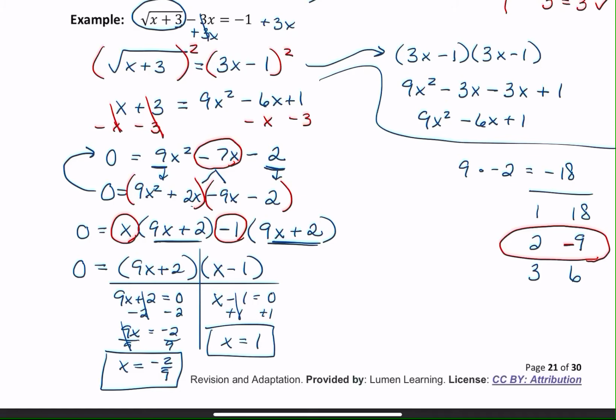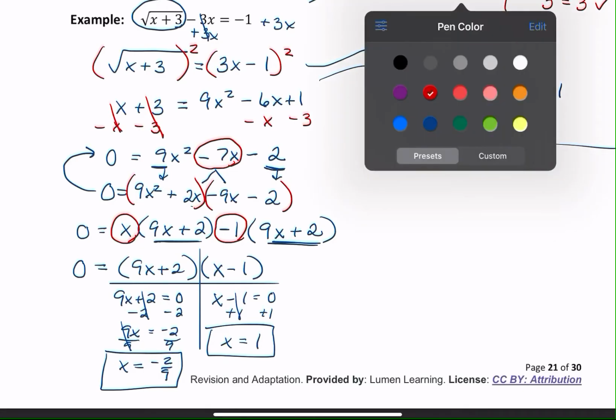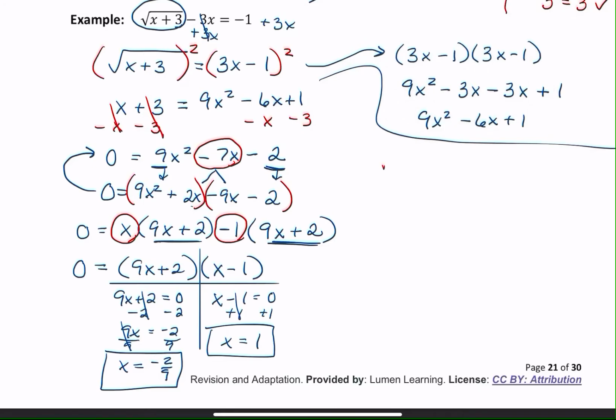Again, you're going to want to check. If you plug these back in, I'm just going to show you right here. Let's do the easy one first. If we have x equals 1 and we plug it in the original equation, you've got the square root of 1 plus 3 minus 3 times 1 equals negative 1.